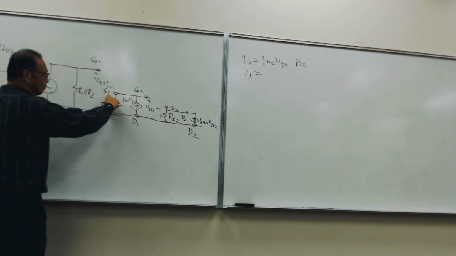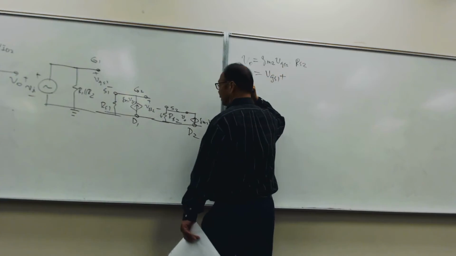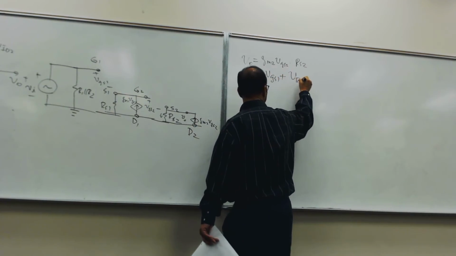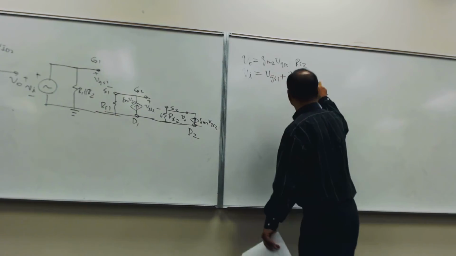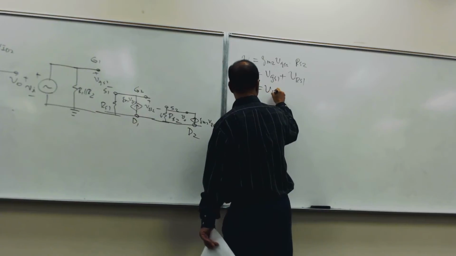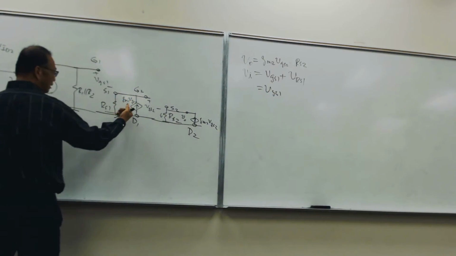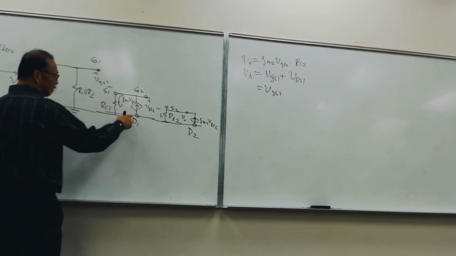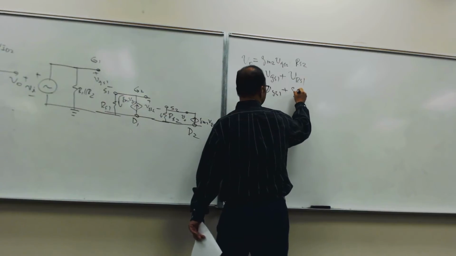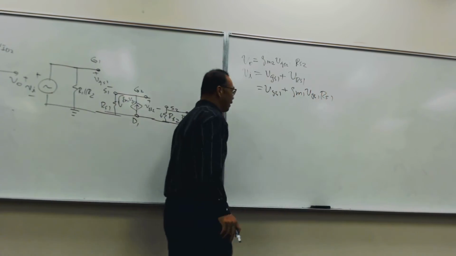So it's equal to VGS1 plus the voltage drop on RS1. What is the voltage drop on RS1? There's a current, which is gm1 VGS1, so it's gm1 VGS1 times RS1.